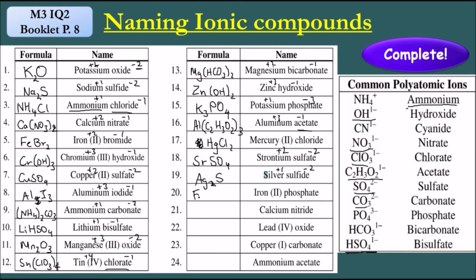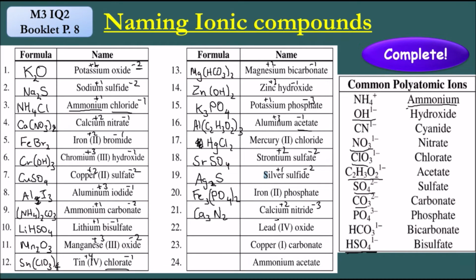Iron 2, phosphate. So phosphate is 3 minus. So there's that. Calcium nitride: calcium is +2, nitride is not given to you, but nitride is 3 minus, so it's Ca3N2.